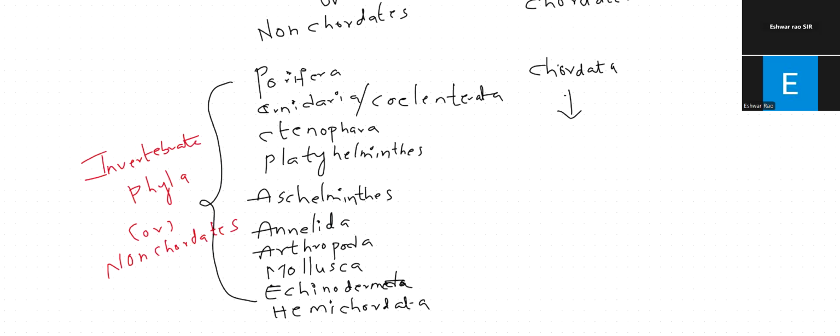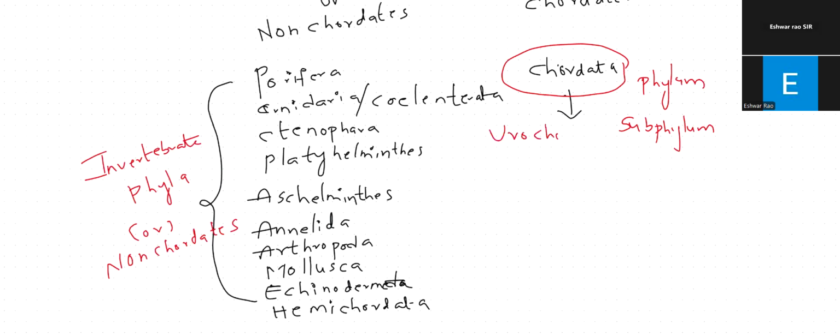So, this is phylum Chordata. Under phylum Chordata, subphylum is present, where they are called Urochordata, Cephalochordata, and Vertebrata.